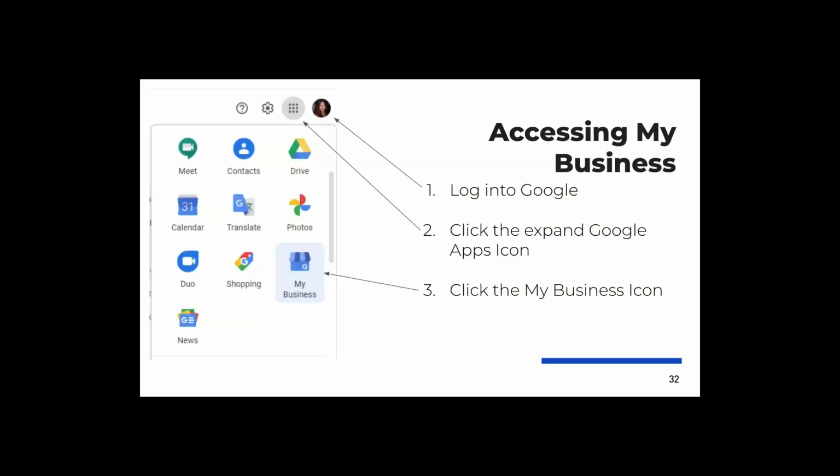What I wanted to show you here is once I have added this My Business to my account, this is linked to one of my emails. So there's a little profile picture of me. This is linked to my personal gmail.com. And once I log into that, I can go to this expand button, and I will find this icon in there.